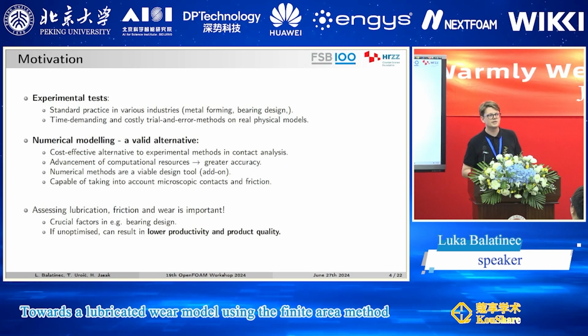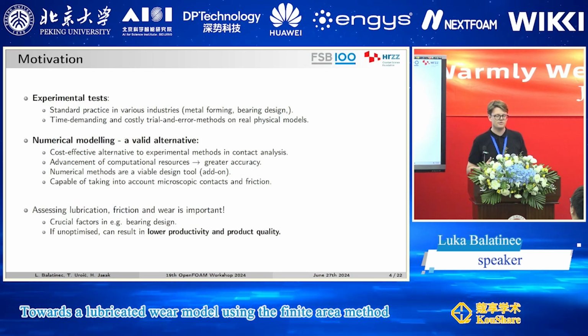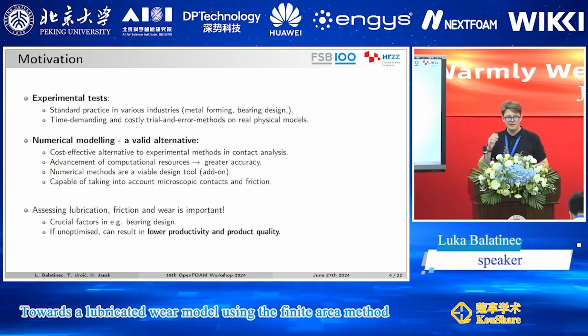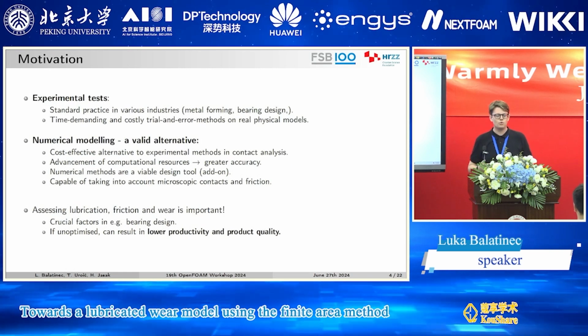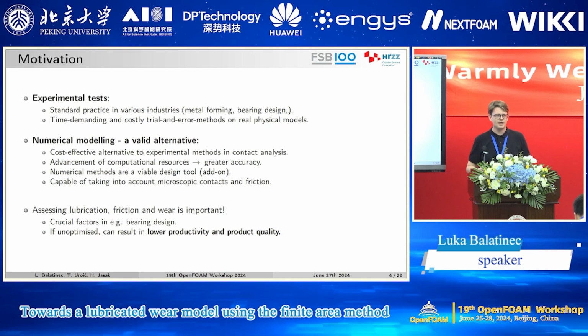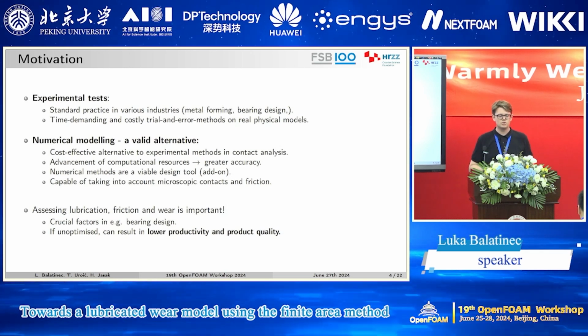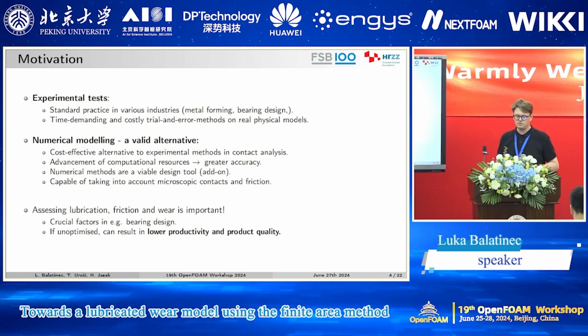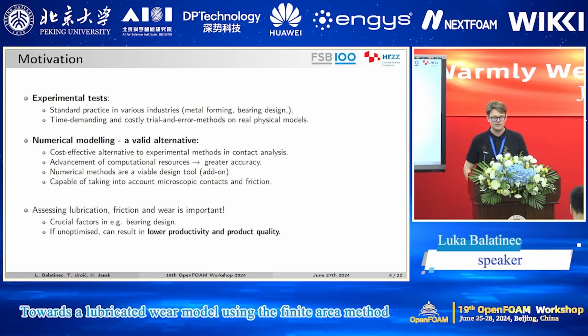We know that experimental tests are standard practice in various industries, for example, bearing design, but they are also time-demanding and costly trial and error-based methods which require real physical models. This is why numerical modeling emerged as a valid and cost-effective alternative to experimental methods in contact analysis.